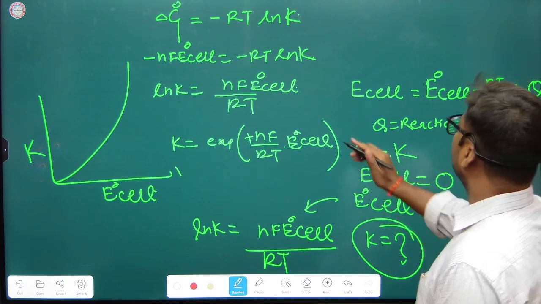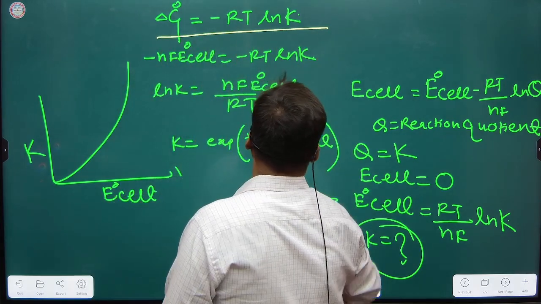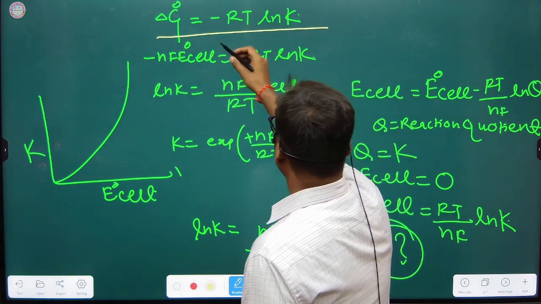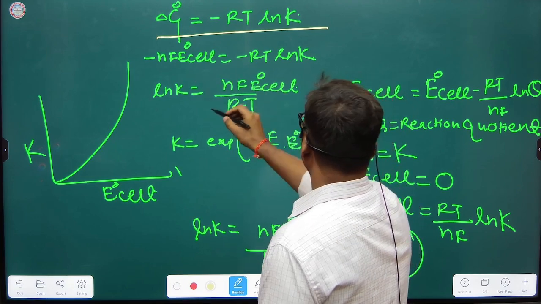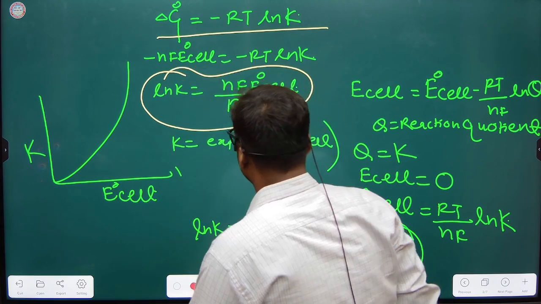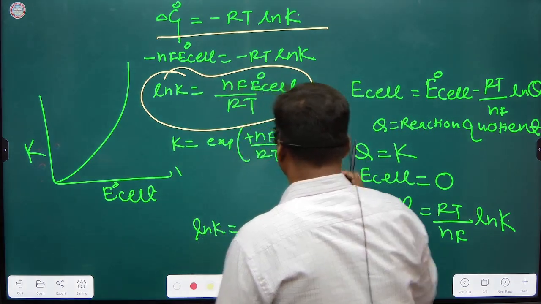Now in thermodynamics, delta G naught equals minus RT ln K, and once we put the value delta G equals minus nFE cell, this happens in this way, and the graph looks like that.